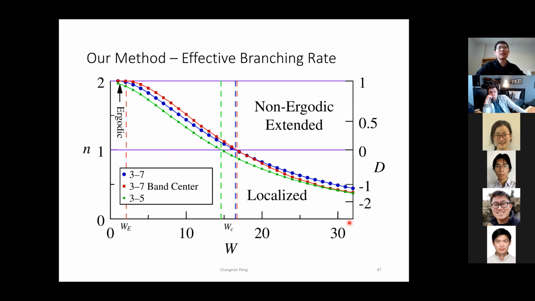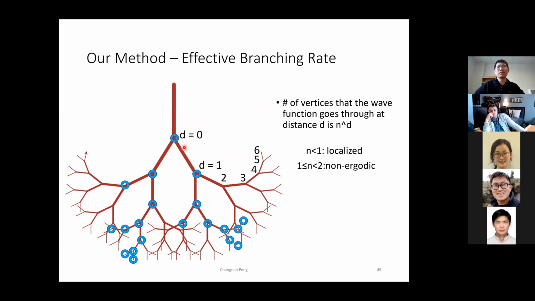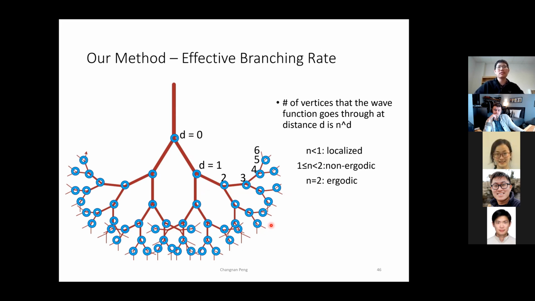And here is another plot showing the branching ratio. A branching ratio smaller than 1 means the states never extend to farther distance. Between 1 and 2 means it explores some certain range, but not all these branches. And equal to 2 means it explores all these branches.